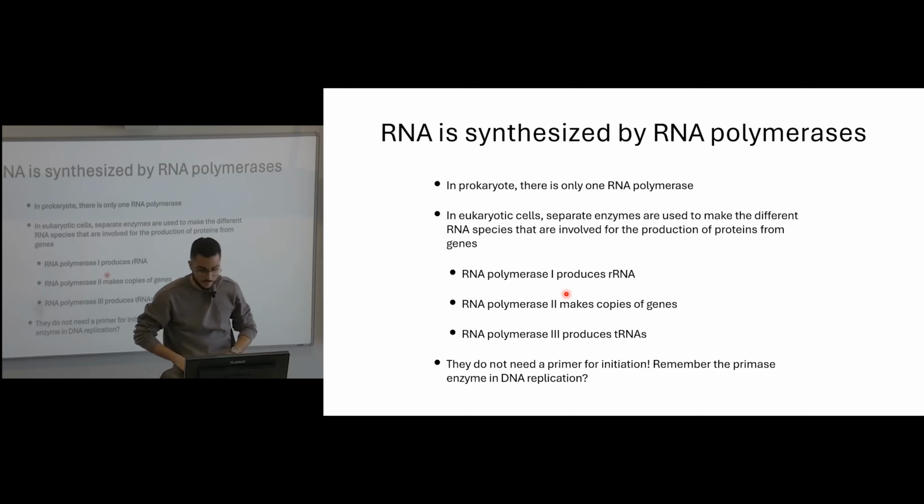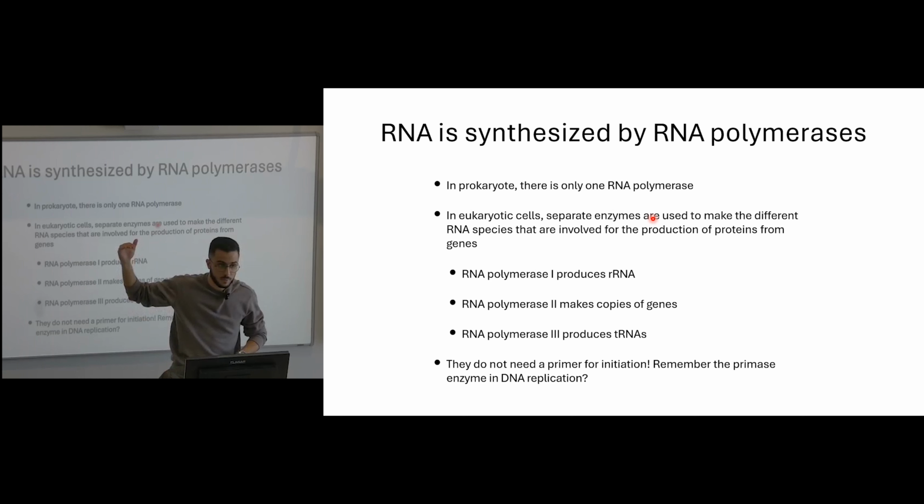But before we do that, I have to give you a little bit of background on RNA polymerase. So in prokaryotes, there's only one RNA polymerase, and it's made of 5 subunits. In eukaryotes, there are 3 of them, and the RNA is built in the nucleus. So prokaryotes don't have a nucleus, so DNA replication, transcription, and then translation all happen at the same time.